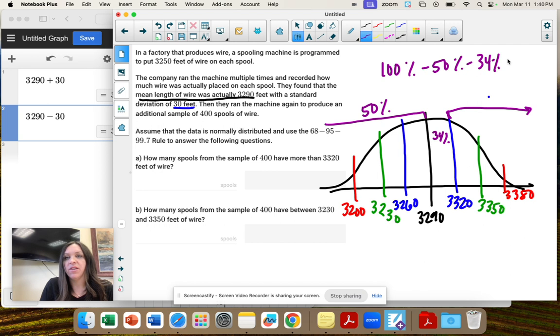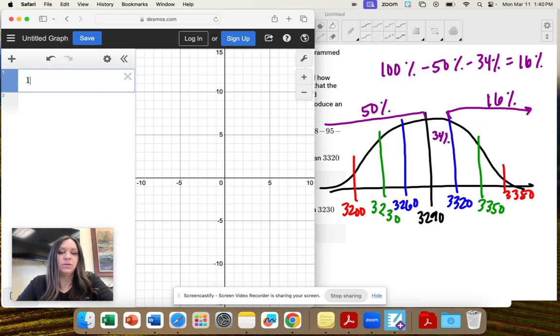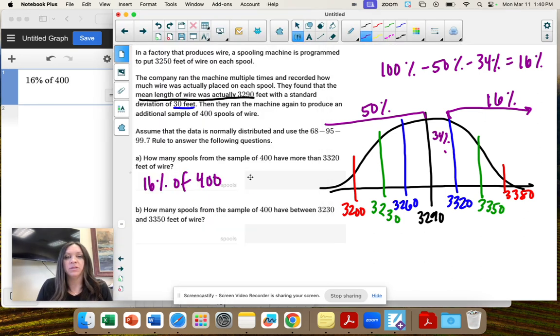So when we take all that off, 100 minus 50 minus 34 is 16. So this chunk is 16% more than 3320. So 16% of 400. Which is 64. So 64 spools.